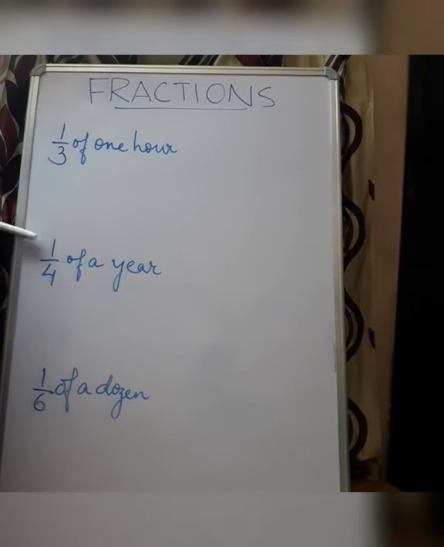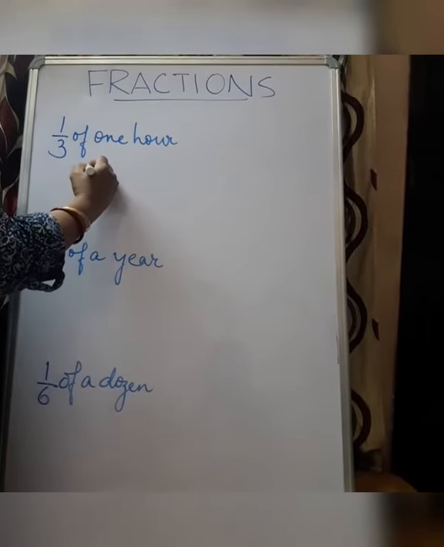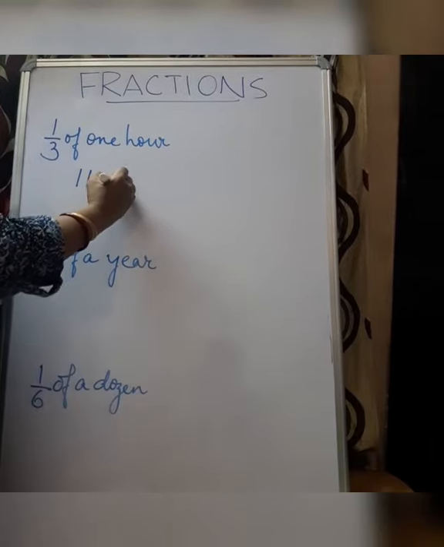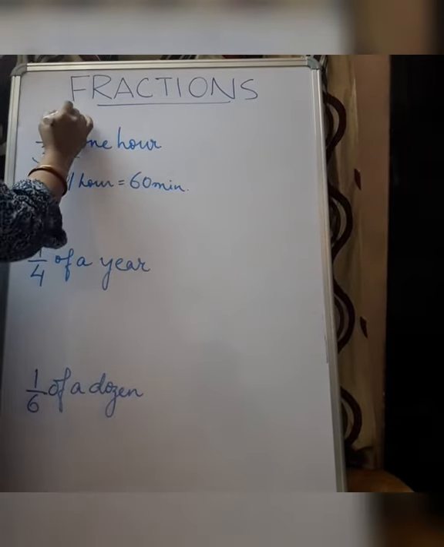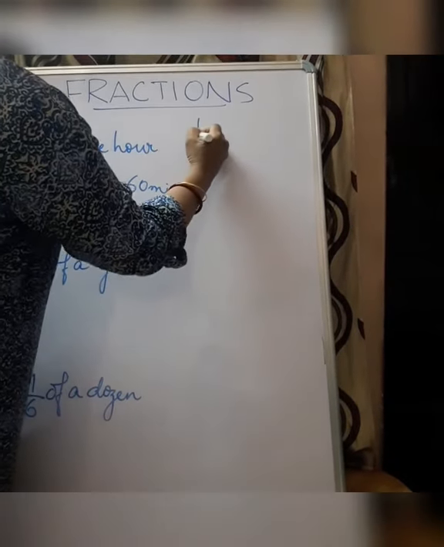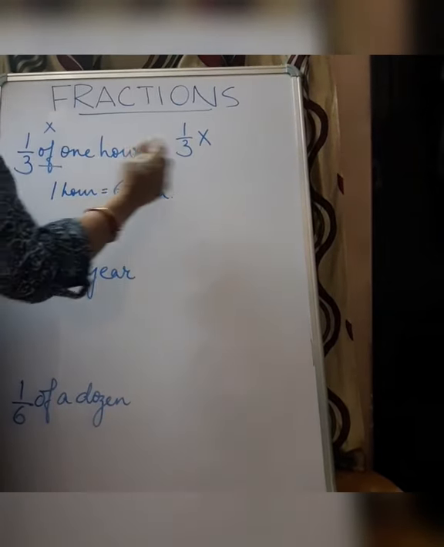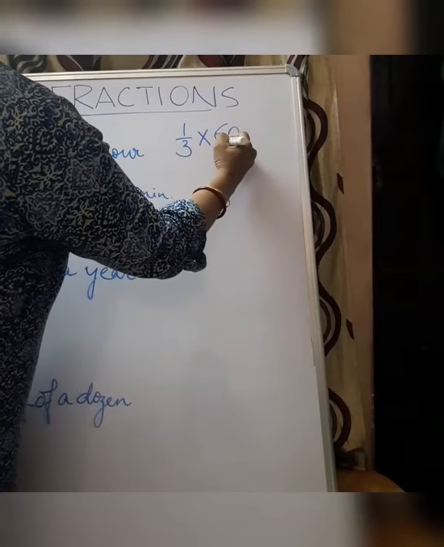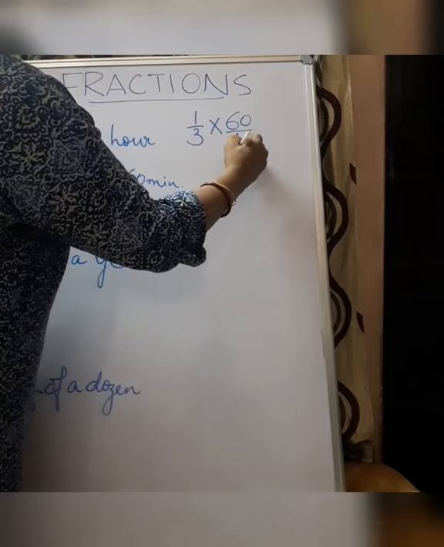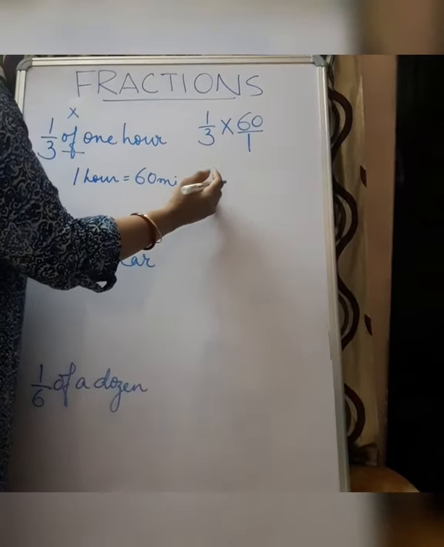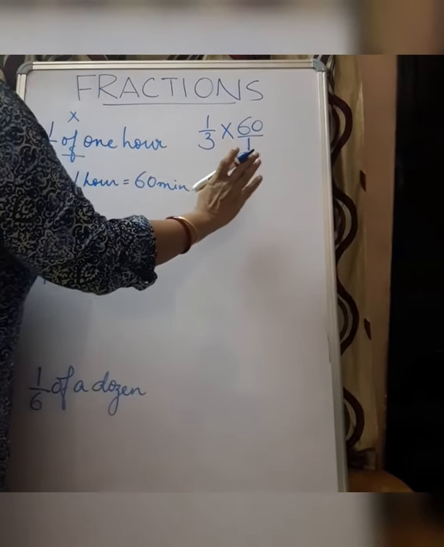Now we will be solving these questions. See, 1/3 of 1 hour. So here we say 1 hour is equal to 60 minutes, and this 'of' means multiplication. So 1/3 of means multiply. 1 hour is 60 minutes, and when we multiply there is nothing below, so we put a 1 under this whole number. 1 denominator means it is not broken into any parts.